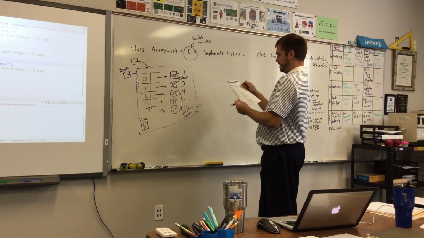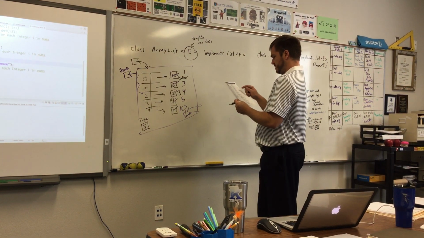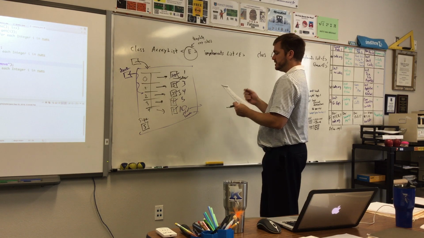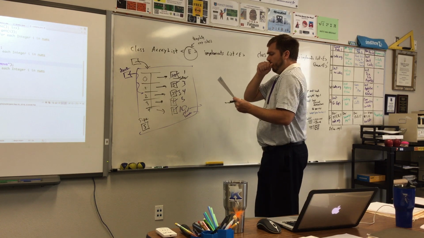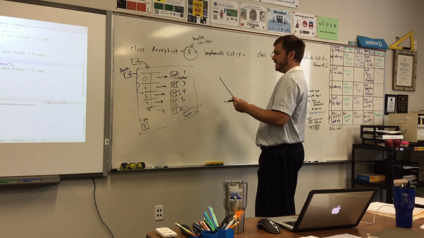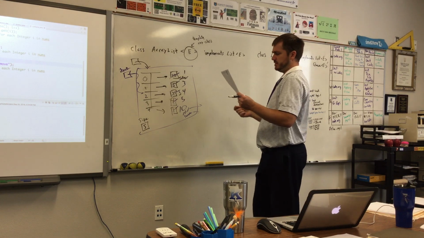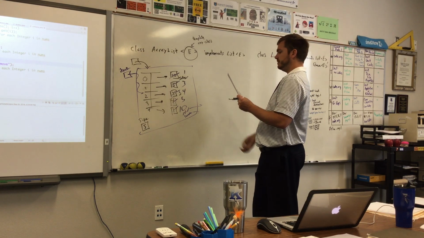Well, if you let your eyes roll down here a couple lines, you can see interface Queue, which they don't tell you anything about. They just say, there you go, interface Queue.